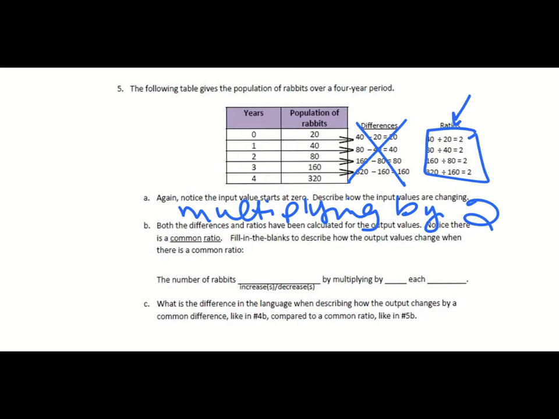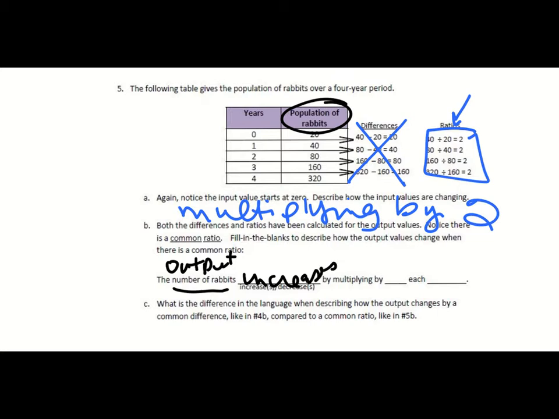It says your number of rabbits. So again, your output value is here. That's what this is. And notice that, again, you're going from 20 to 40 to 80 to 160 to 320. You're getting bigger. And that's why you have a big number. If it was decreasing, you would have like a 1/2 here. So it's increasing.